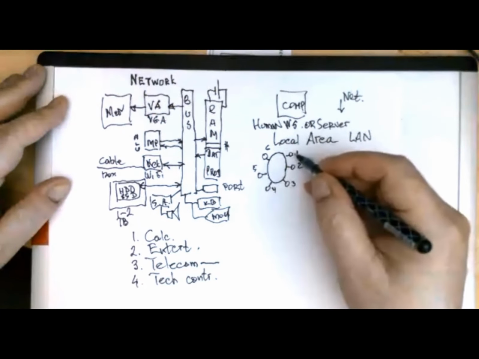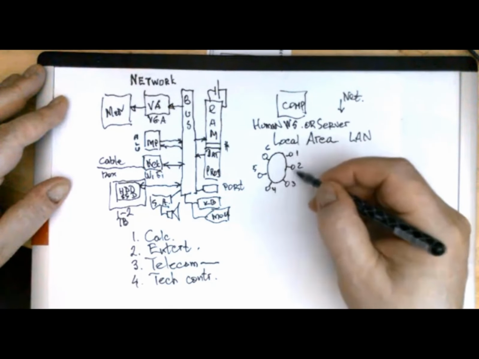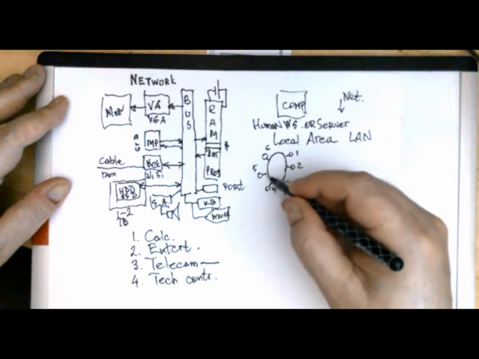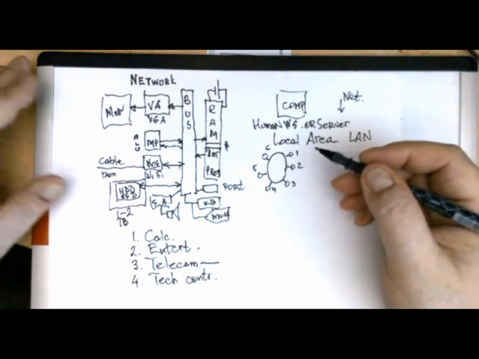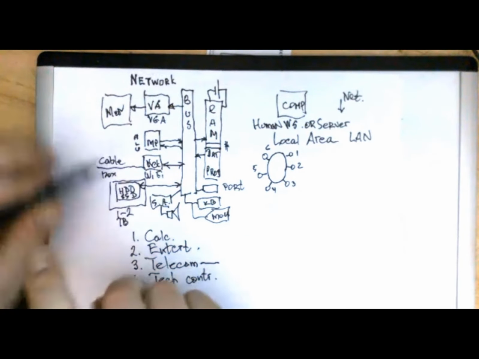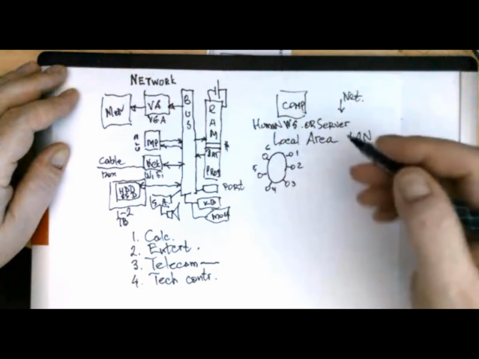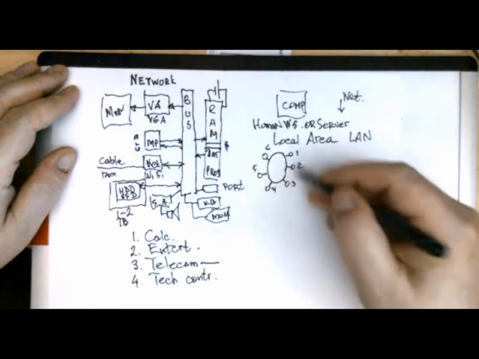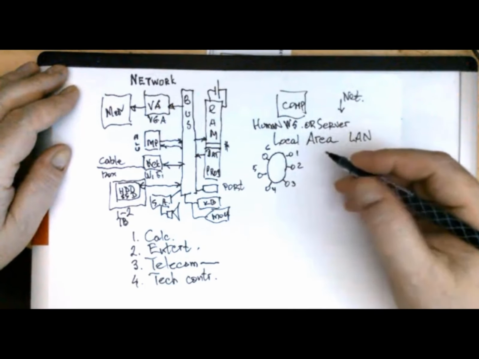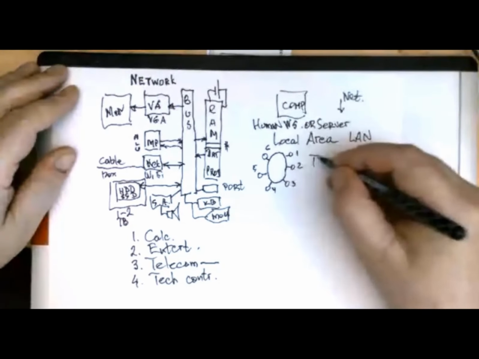Okay? Then when number one and number three finish their conversation, the next one to take the ring, for example number two, will call number five, and all the other computers wait. So this topology, or schematic diagram of a local network, is named token ring.